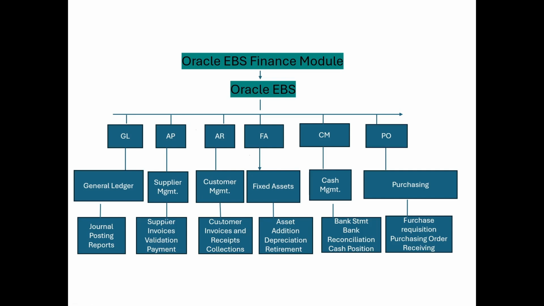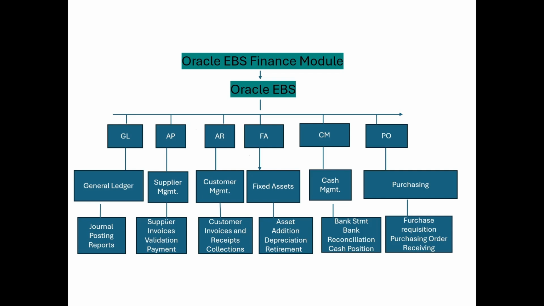What is Accounts Payable? Accounts Payable is used to manage supplier invoices and payments. And why do you use Accounts Payable? To create the supplier invoice, validate the invoices, process the payment, and record the liabilities. That is the purpose we use Accounts Payable for.